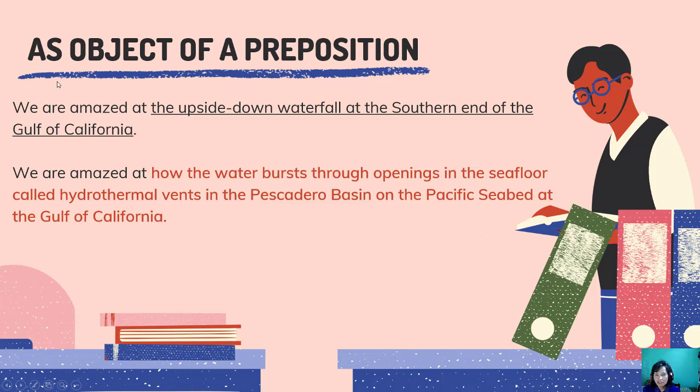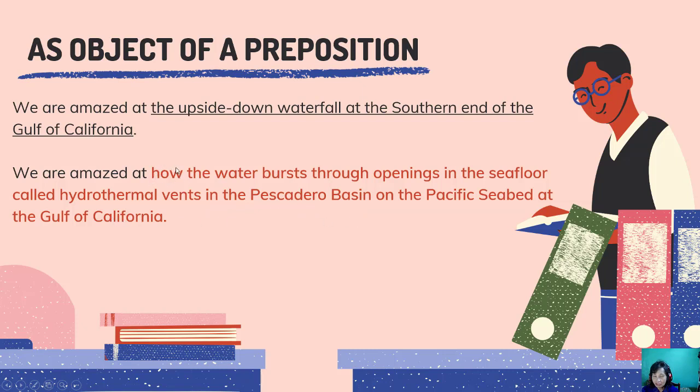Next position: as object of a preposition. We are amazed at the upside down waterfall at the southern end of the Gulf of California. This is the preposition, and this is the noun. We are amazed at how the water burst through openings in the seafloor called hydrothermal vents in the Pescadero Basin on the Pacific seabed at the Gulf of California.